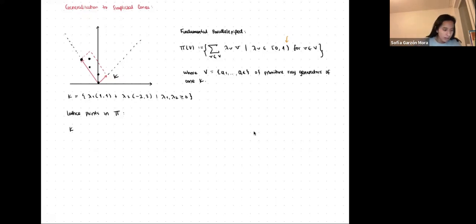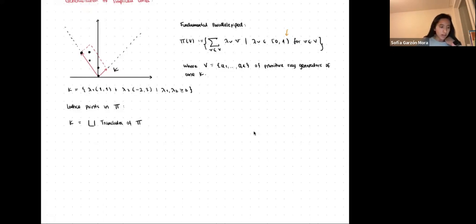So K, the cone, is basically a disjoint union of, let's say, translates of the fundamental parallelepiped, and I'm going to write this more explicitly later.